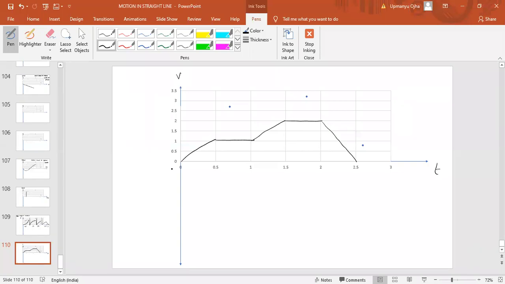So this is point A, point B, C, D, E, and F. Okay, can you find the displacement of the graph? Data is given to us, velocity is in the y-axis, time is on the x-axis. So from A to B it is 1 meter per second. Then we have 1.5 to 2. Okay, can you find the displacement of the graph?